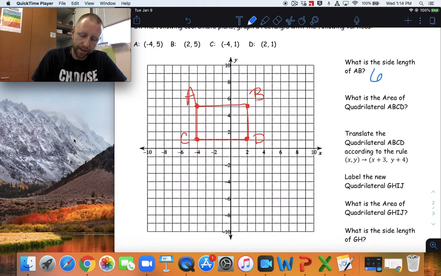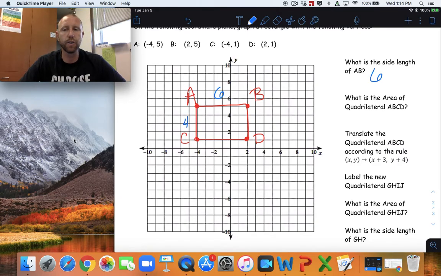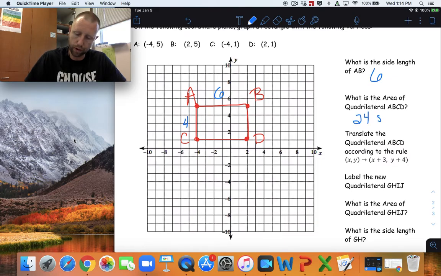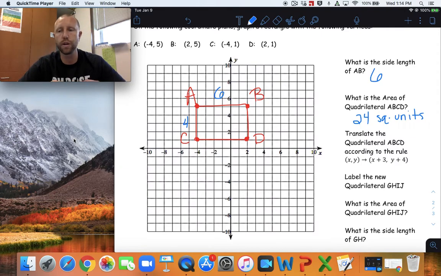Well, I already know this is 6, so we just need to figure out what the height is. 1, 2, 3, 4. It's a 6 by 4 rectangle. That gives us an area of 24. Since we don't have any units to use, we know area is always units squared. So we'll put 24 square units.